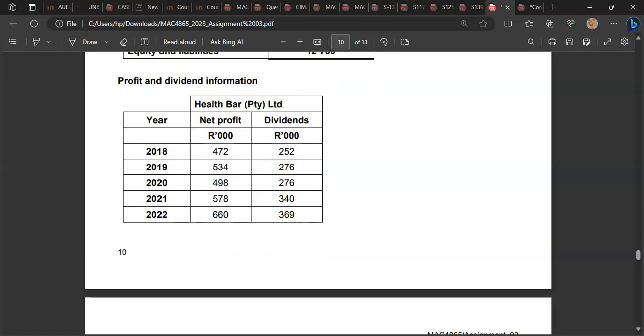So I'm just going to copy some figures there. We're going to be taking from 2018. That's what I'm writing on the Excel spreadsheet, which you can see: 2018, 2019, 2020, 2021, and then 2022.